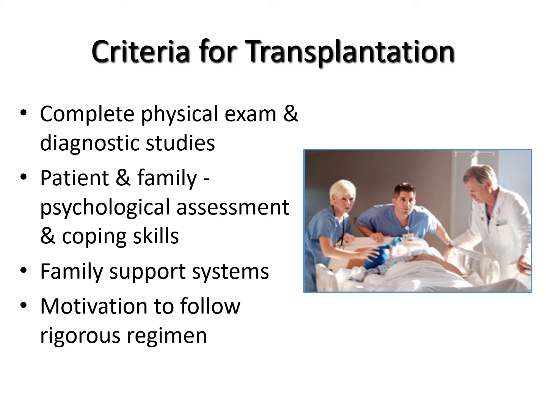As well, they should have normal function when it comes to emotional stability and interpersonal skills. This is a demanding process, and this will continue during the follow-up for the rest of their lives. So it is important that they have family support systems as well as motivation to follow through with that rigorous regimen.